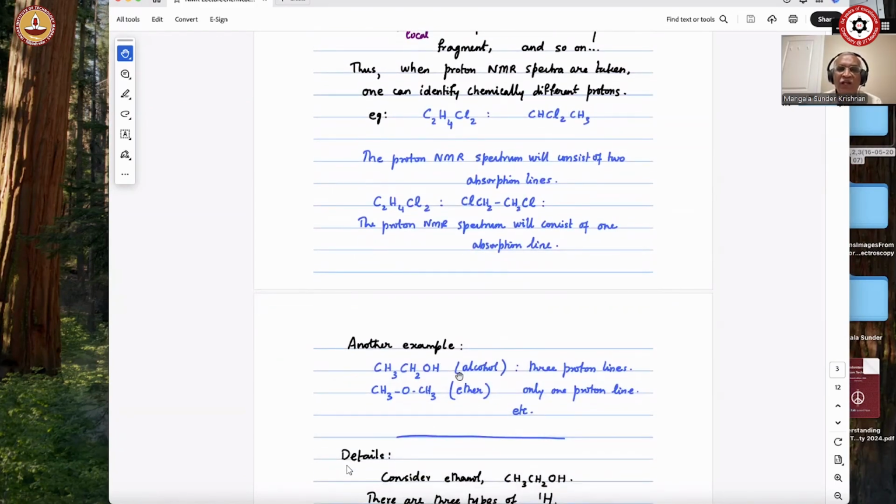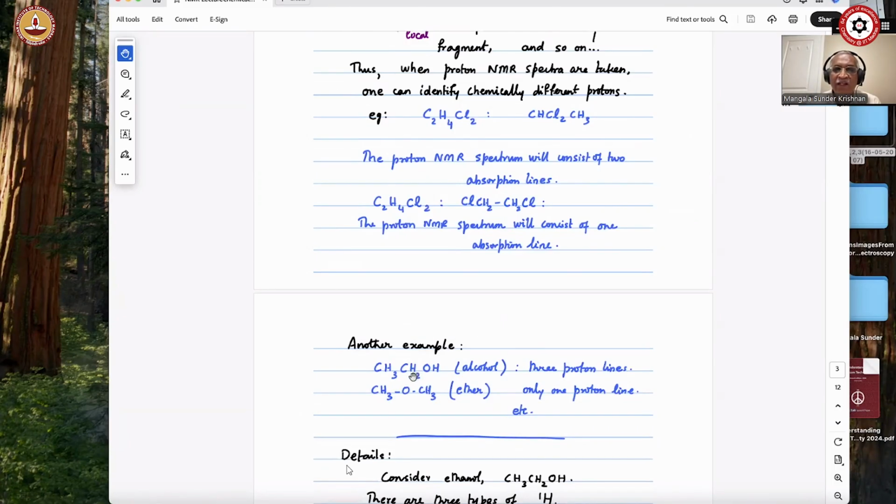See, another example is the alcohol, CH3CH2OH. You see that the hydrogen connected to the oxygen is most depleted in electron density. Therefore, it's supposed to have a lower frequency, but you'll be surprised that it doesn't happen that way. The resonance frequency for that hydrogen comes in between.